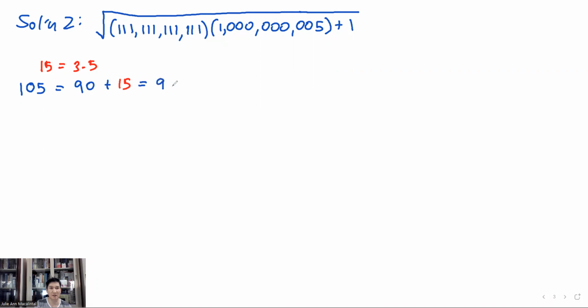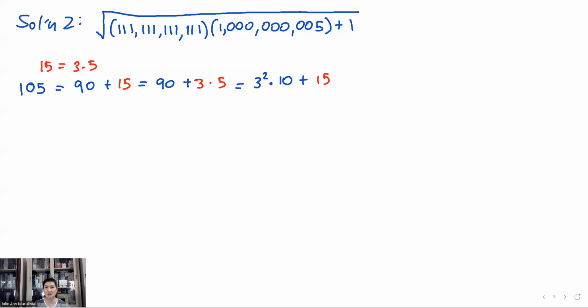This will be equal to 90 plus 3 times 5, right? Or you can also express this one as 3 squared times 10 plus 15.